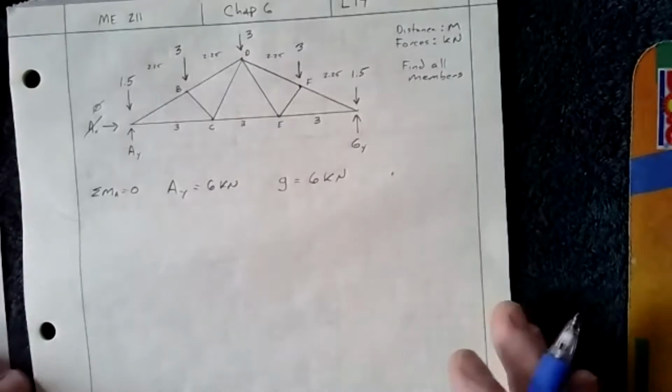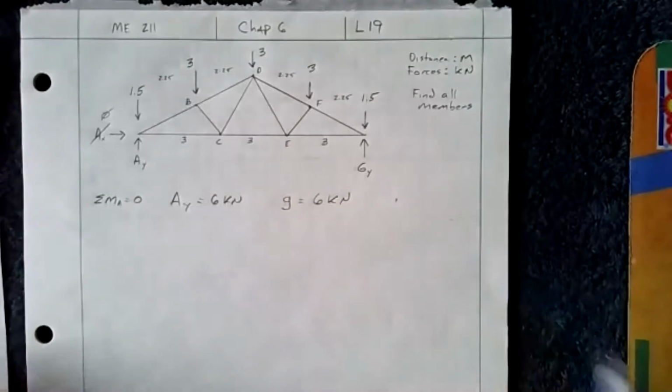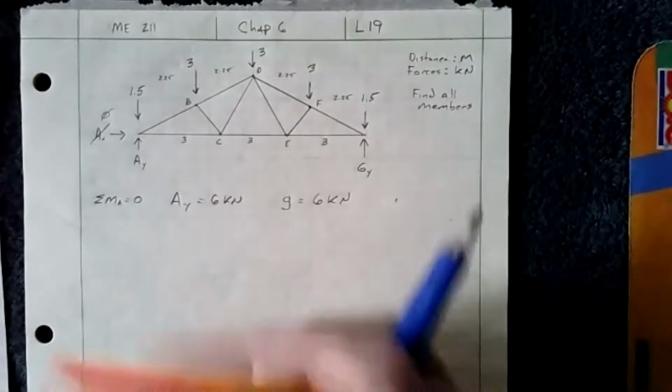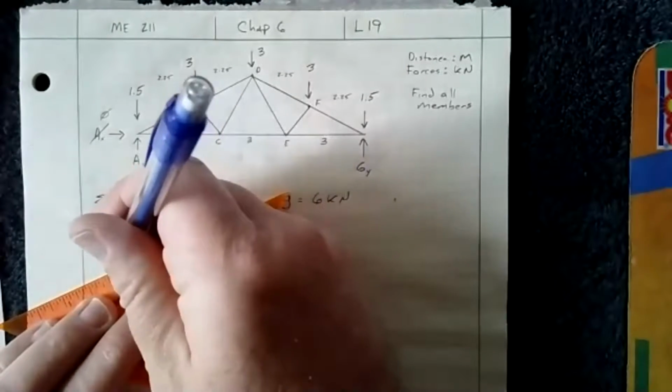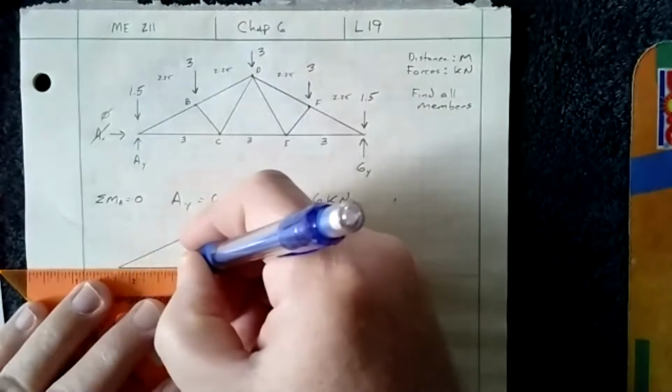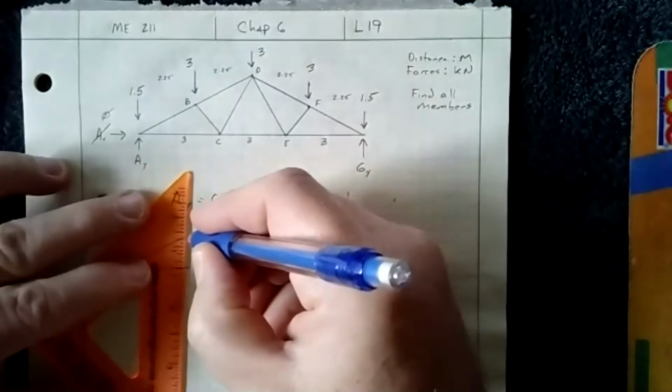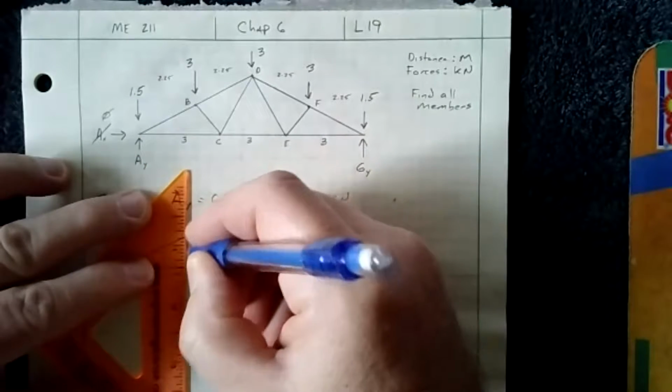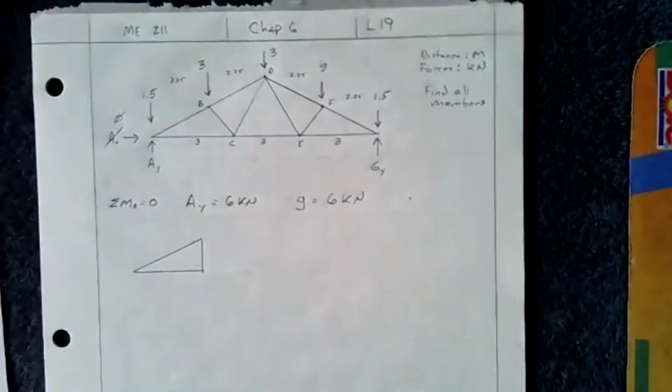So we're going to look first at joint A. Joint A looks something like this. Here's joint A. I'm just drawing it like that.